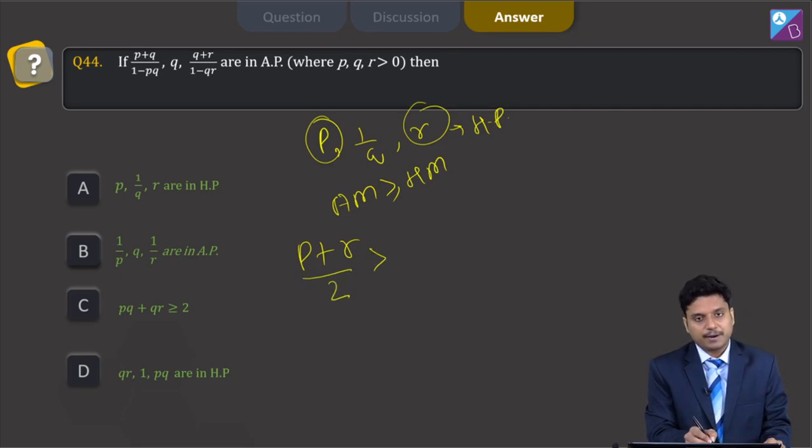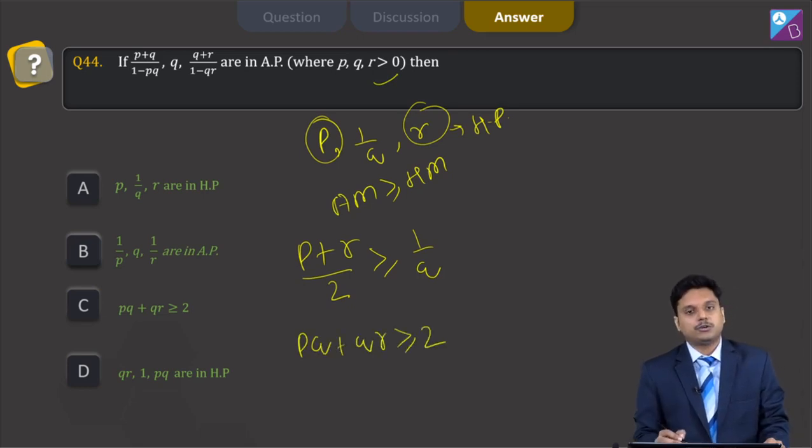AM as P plus R by 2 and HM will be equal to, of course, 1 by Q, because these three terms are in HP. That means 1 by Q is HM for P and R. As Q is positive, given in the question, we can simply cross multiply it and we will be getting PQ plus QR is greater than or equal to 2. So options A, B, C, D, all these options are totally correct.